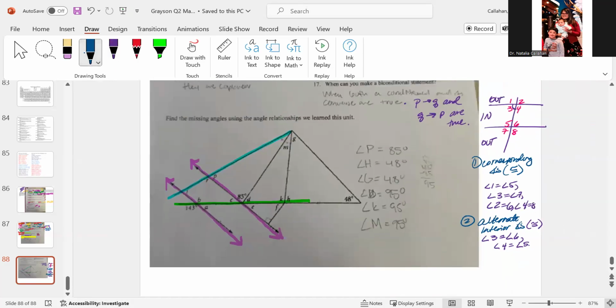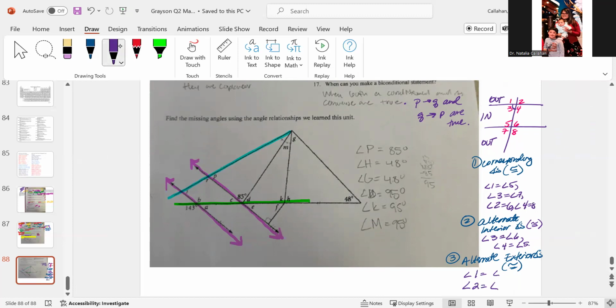All right. Number 3, alternate exterior angles. Those are also equal. So angle 1 is equal to what? Angle 2 is equal to what?